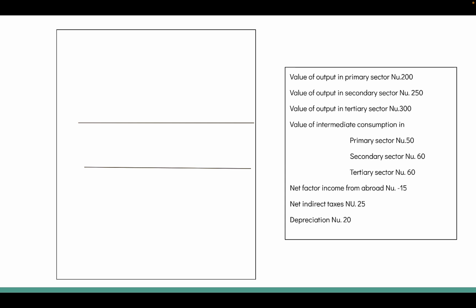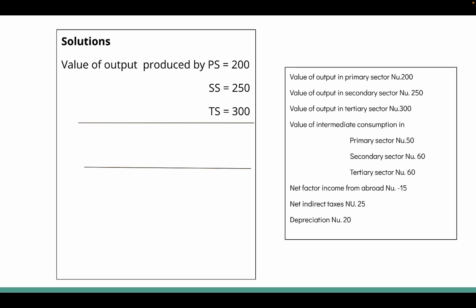For instance, in our question, in the first component, they had given us the value of output produced by the primary sector, which is 200, the value of output produced by the secondary sector, and the value of output produced by the tertiary sector. So these three will give us the value of final output produced by the different sectors in an economy.